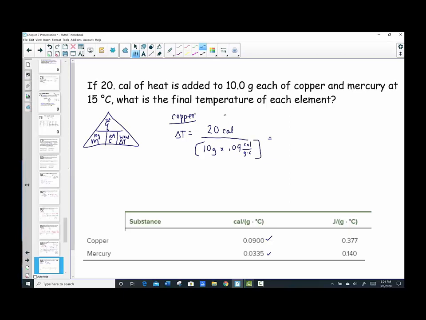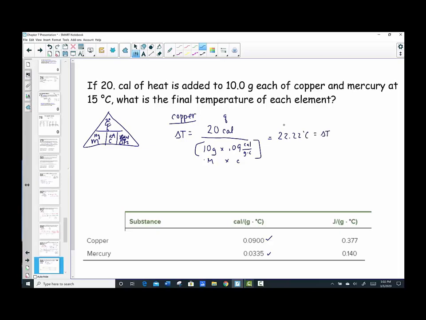This is your Q, this is your M times C, and you're solving for delta T, right? This is the one you want, so you cover it up and you see the algebra, Q over M times C. So let me hit that for us. We'll have 20 divided by parenthesis 10 times 0.09, and I hit and it says 22.22 degrees Celsius.